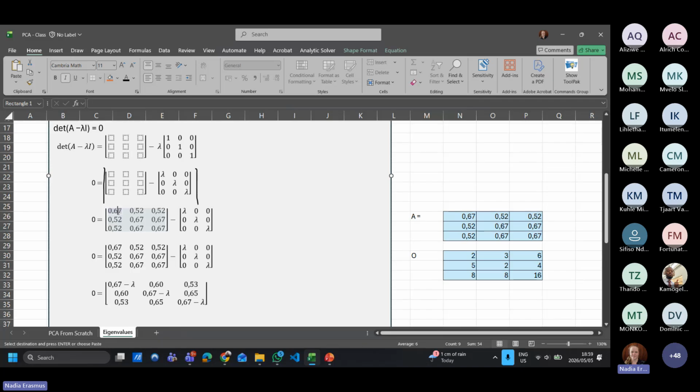You have 0.67 minus the one in the exact same position in the matrix being subtracted, so it's 0.67 minus delta. This one stays at 0.52 and this one is 0.52, because it's minus 0, so 0.52 minus 0 is still just 0.52.